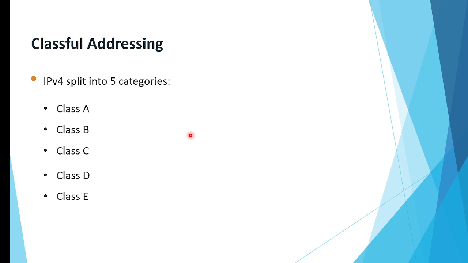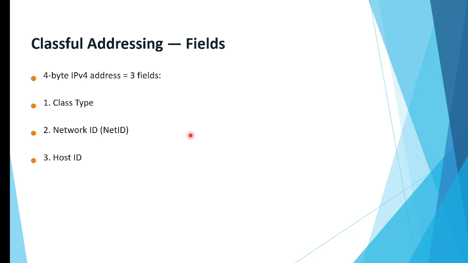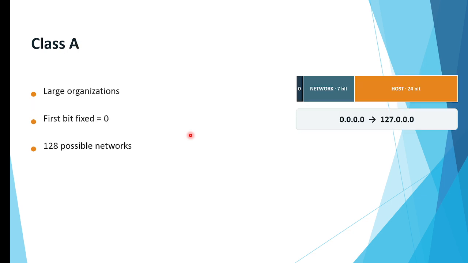IPv4 splits into the 5 categories: Class A, Class B, Class C, Class D, and Class E. IPv4 addresses can have the three fields. One is the class type, another one is the network ID, third one is the host ID.